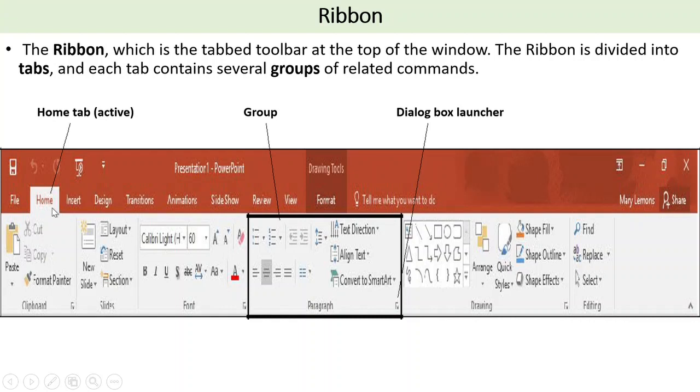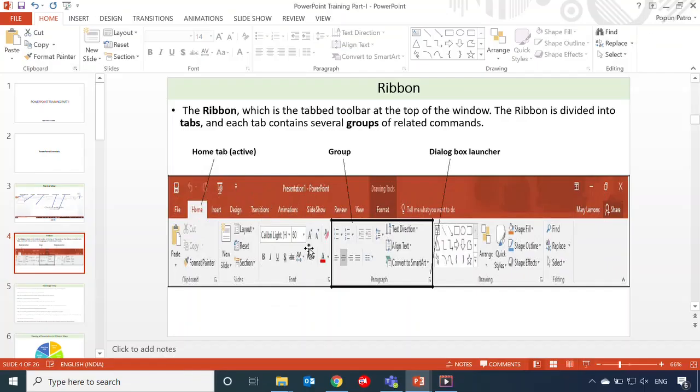Look here, this one is the home tab. Here clipboard is a group, slides is a group, font is a group, paragraph is a group. These groups are categorized as per the related commands. You can see this in a new PowerPoint.